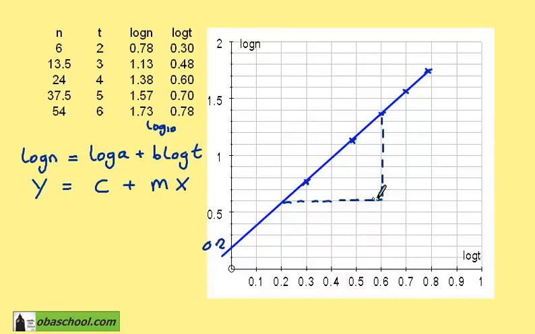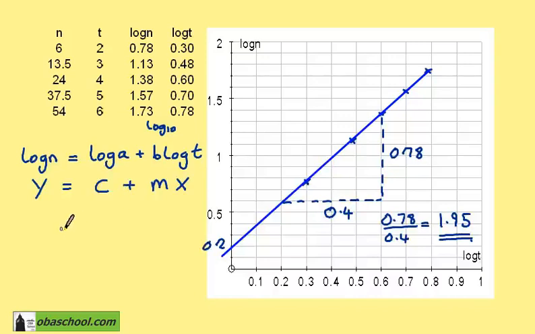We can see we go from 0.6 to 1.38, which gives this distance as 0.78. This is 0.4. The gradient of the line then is 0.78 divided by 0.4, which is 1.95.